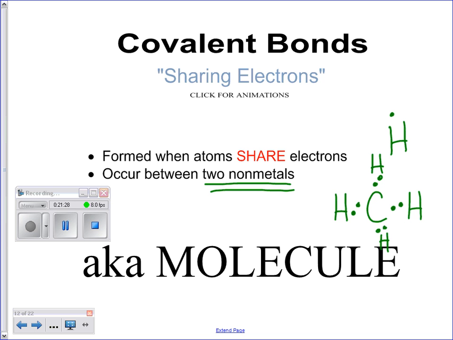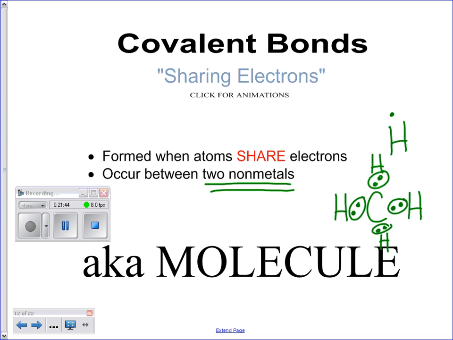Now I have 4 hydrogens and 1 carbon. What's happening here is the hydrogen and the carbon, they're not transferring their electrons over anymore. Now they're kind of sharing these electrons between the carbon and hydrogen atoms.